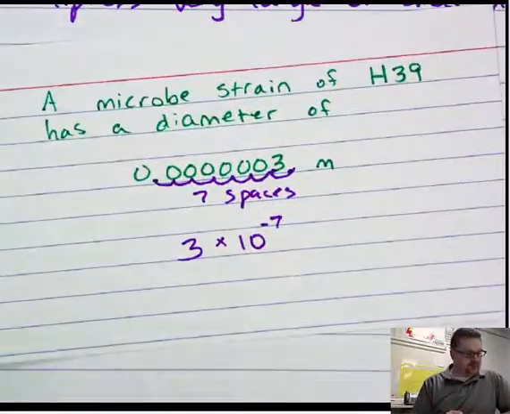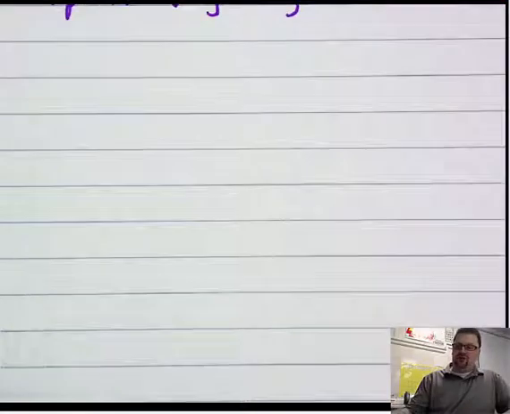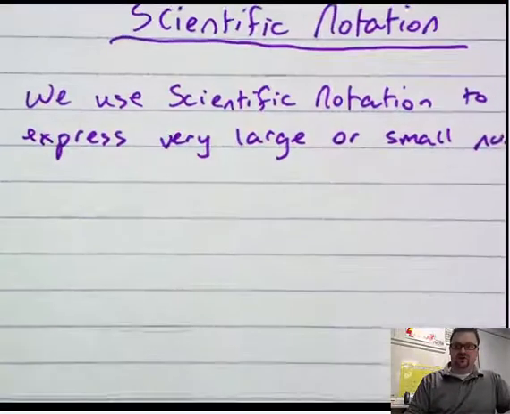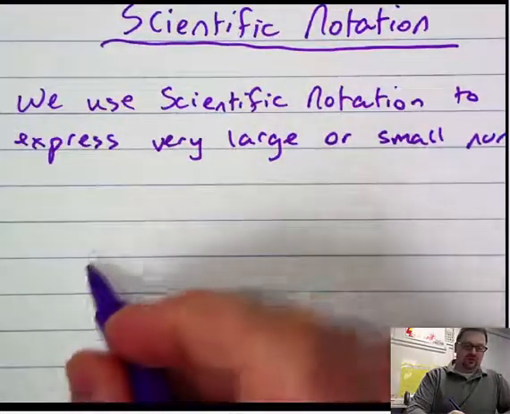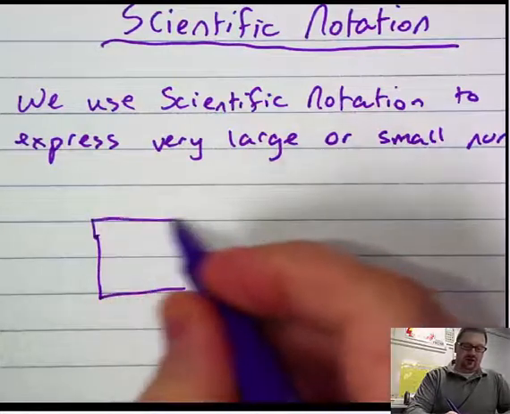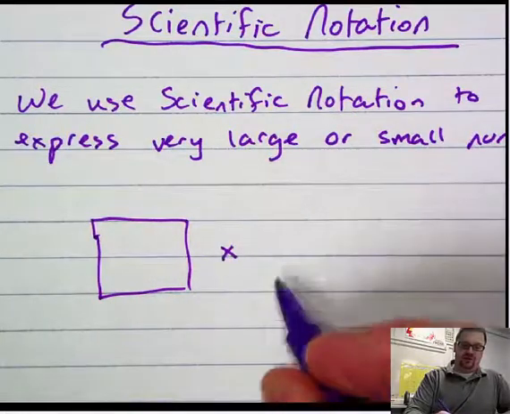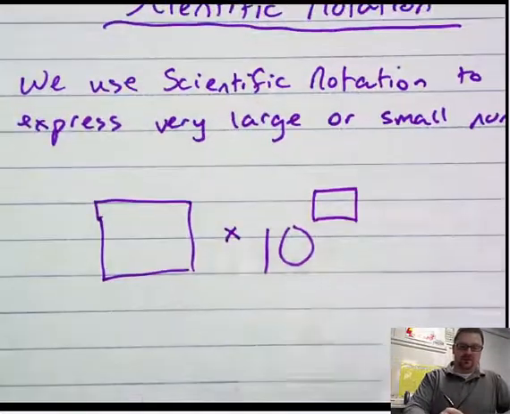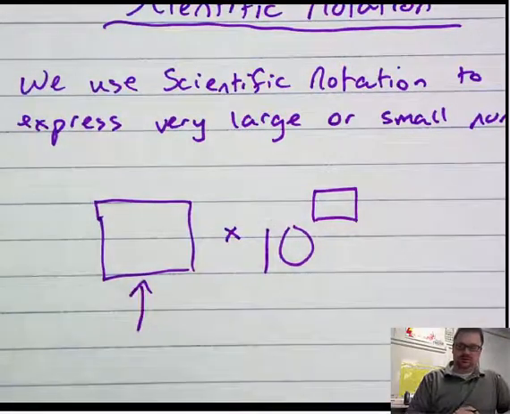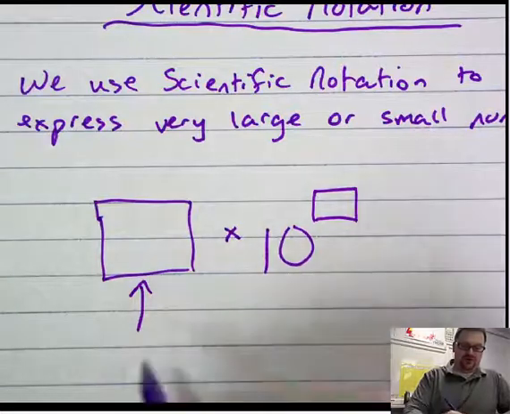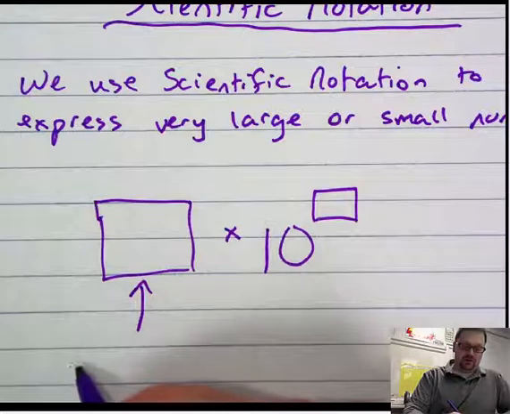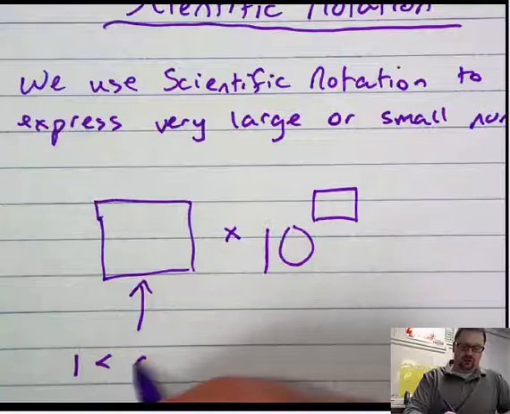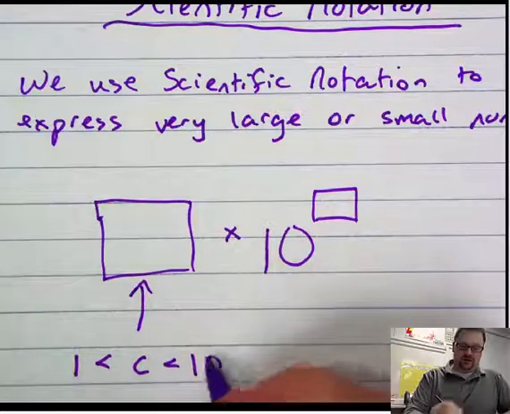Okay? So what we are really looking at doing here, scientific notation has a very specific format. Scientific notation is going to have a number multiplied by 10 to some exponent. This number right here, I'm going to call that the coefficient, has to be larger than 1, but smaller than 10.